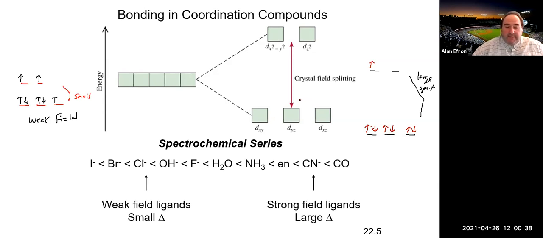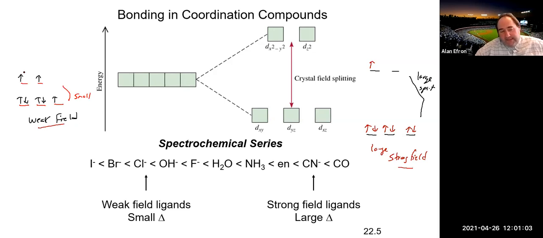And in this particular case, when we look at the difference, this is, by the way, a large split, and this is what is referred to as strong field. What is the difference between our weak field and our strong field in terms of how the electrons are populated?